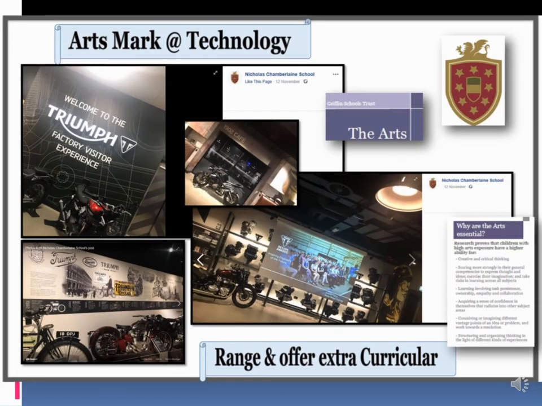We've also had links with Triumph. It's the massive motorbike engineering business, and that's linked with product innovation.